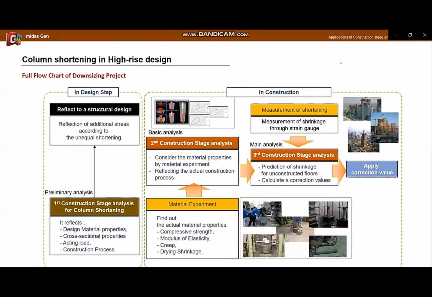Finally, the third construction stage analysis is performed in consideration of the changed construction process and construction environment. This is called main analysis. Through accurate prediction considering the measured shortening on the site, we have to make construction corrections for the shortening of the upper story that has not yet been poured.